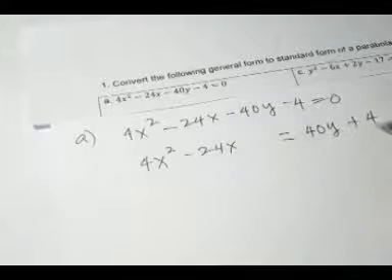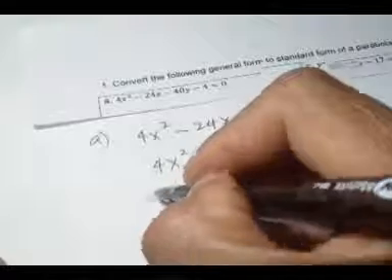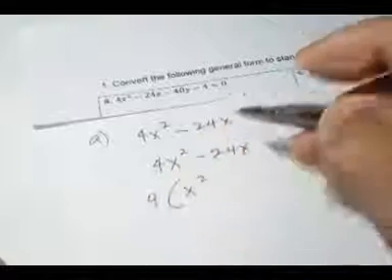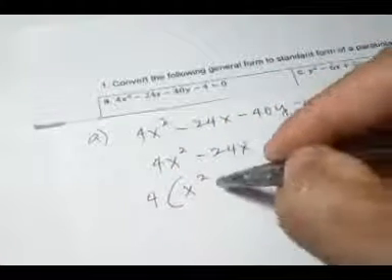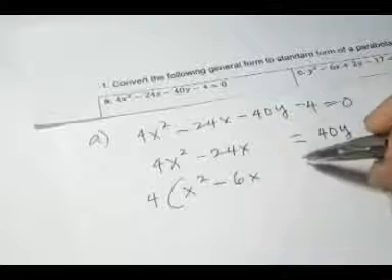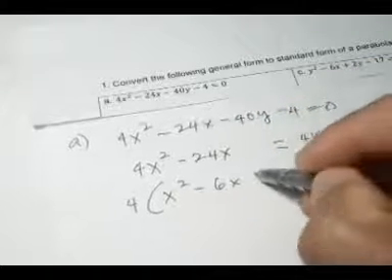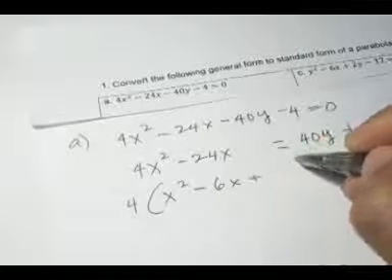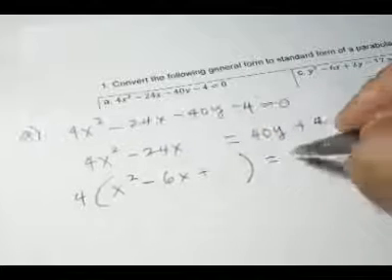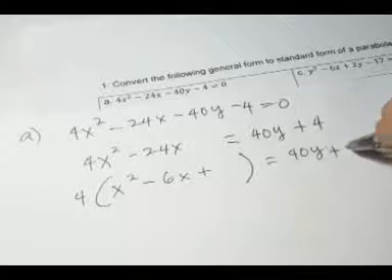After that, remove the 4. X squared, 24 divided by 4 is 6. Then we will add something to make it a perfect square, equals 40y plus 4.